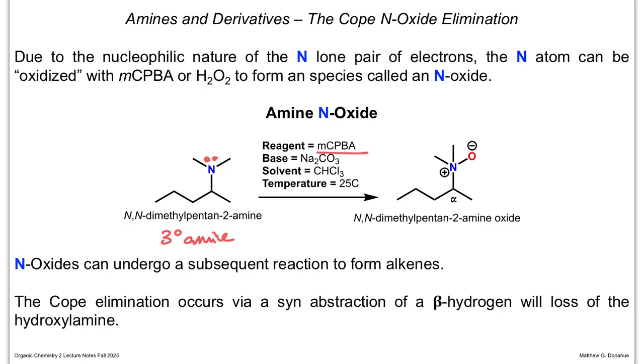We're going to treat it with that reagent MCPBA. So it has that electrophilic oxygen. So the nitrogen's going to attack that. And then we end up with this thing, which is called an N-oxide.